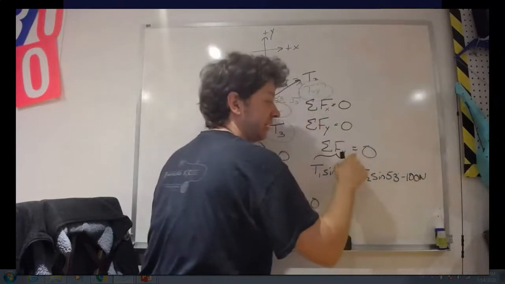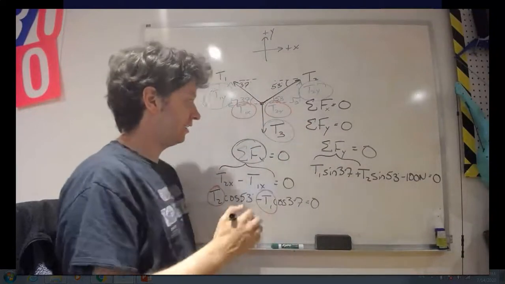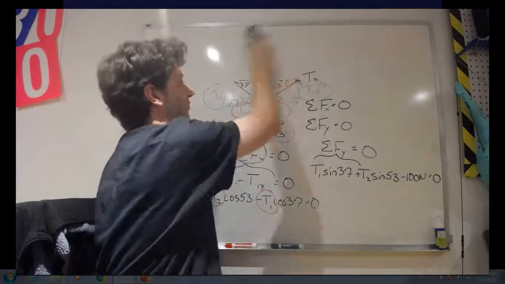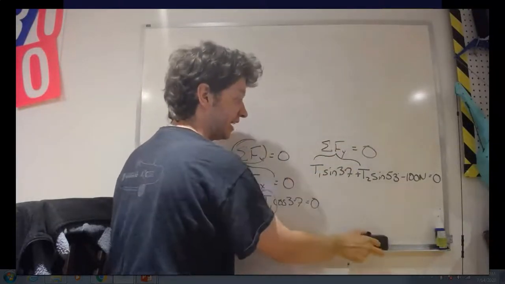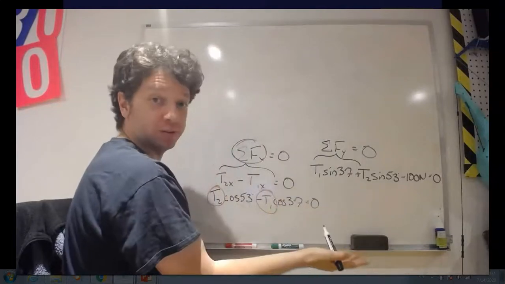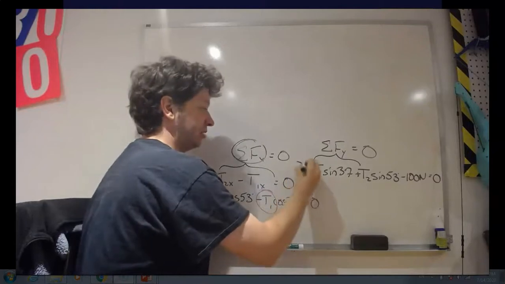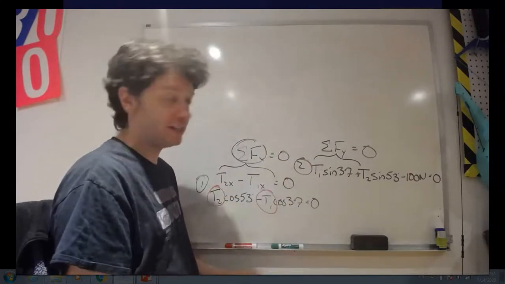And that all equals 0. All right, so now I'm a little bit stuck here. Let me just erase the diagram. We don't need to refer to it anymore. Because again, I have an equation with two unknowns. But I now have two equations with two unknowns. So solve the system of equations.